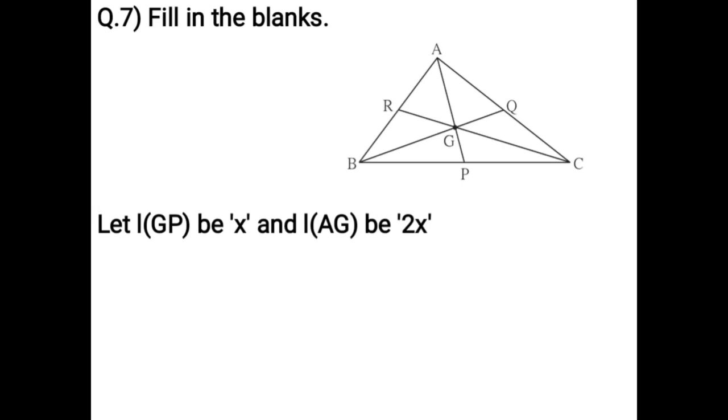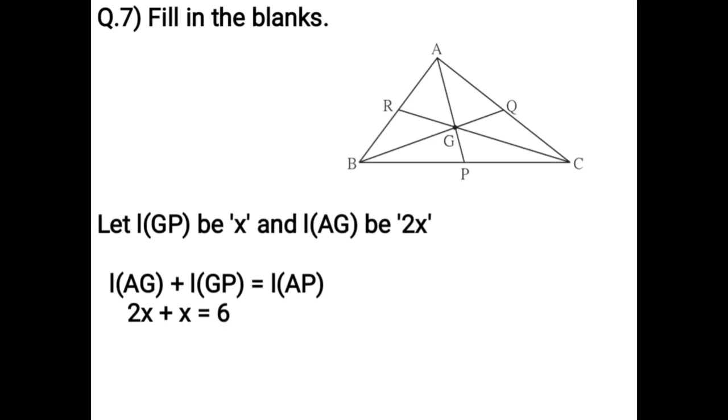In this you have to solve in equation form, not using the cross multiplication method. Length of AG plus length of GP is equal to length of AP. Length of AG is 2x plus length of GP is x is equal to length of AP is 6. 2x plus x you have to add, that is 3x is equal to 6.